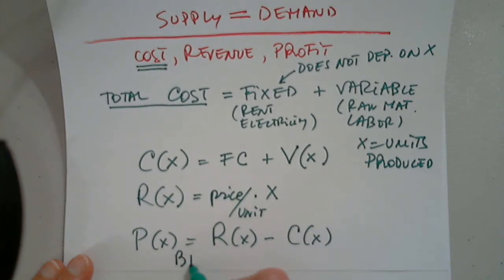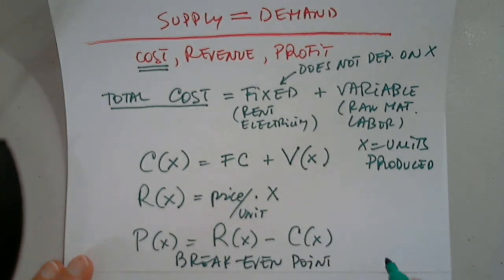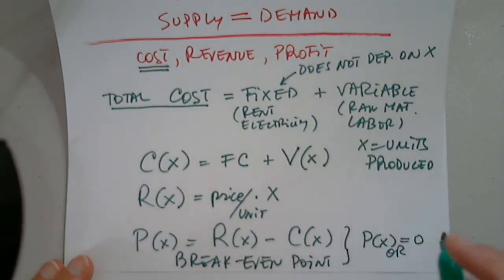And what is called the break-even point is the point where the profit is 0 or revenue equals cost.